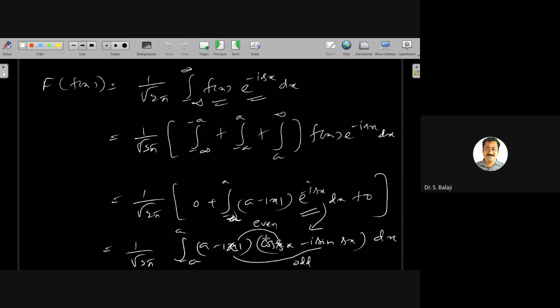We can easily integrate with the help of the even and odd function idea. So for our convenience we write e power minus isx as cos sx minus i sin sx dx.